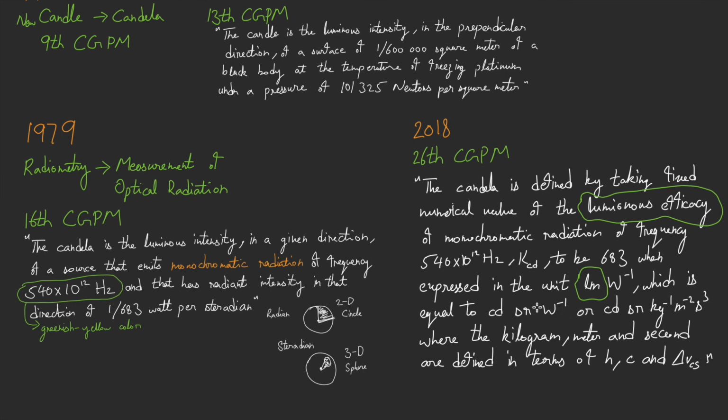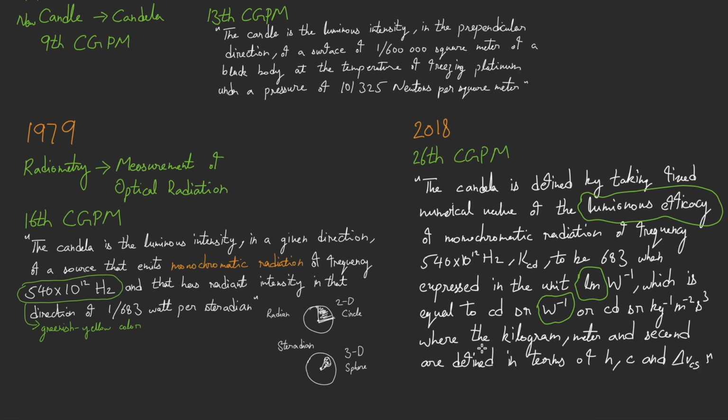So here the per watt was broken down into its basic units, per kilogram per meter square second cube, where the kilogram, meter, and second are defined in terms of h, c, and delta vCs.